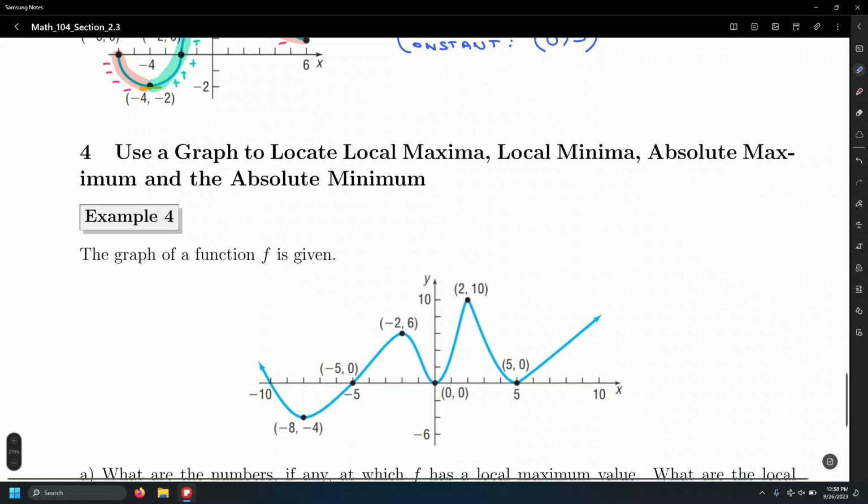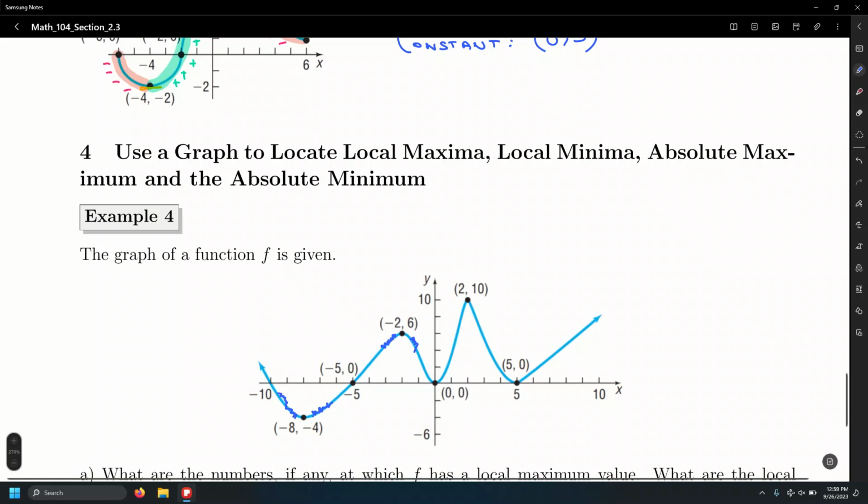So when we go down the hill and then go up the hill, that means we reach a minimum value somewhere in between. And if we keep going up, we keep increasing, and then we go decreasing. That means there is a maximum value.